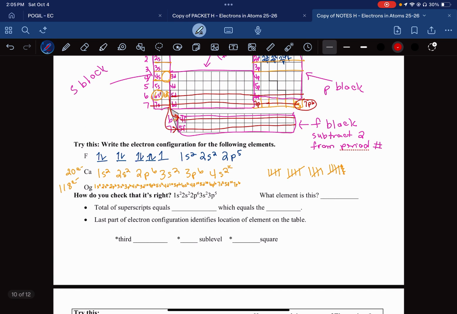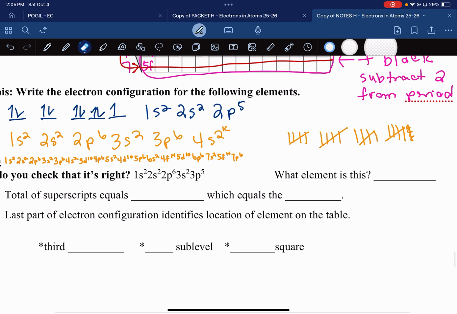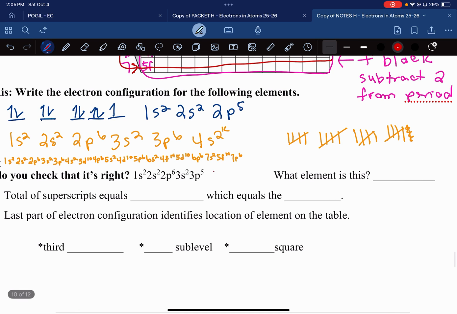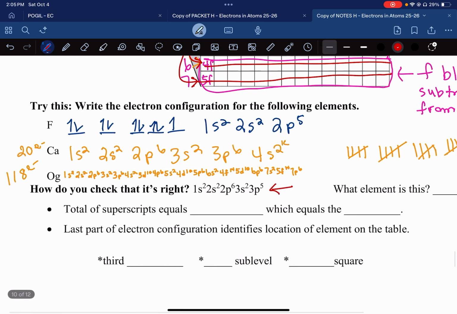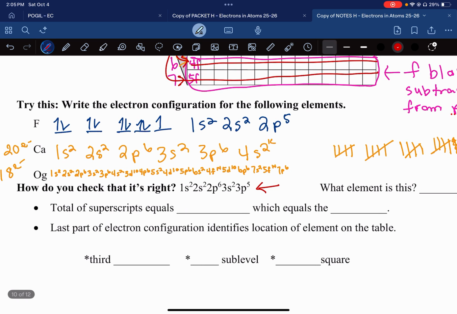Okay, so it says, how do you check to see if it's right? We would basically be adding up all of these different superscripts. Now it's giving us an electron configuration here, and it wants to know what element it is. How do we check if it's right?